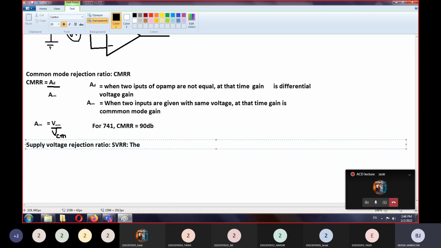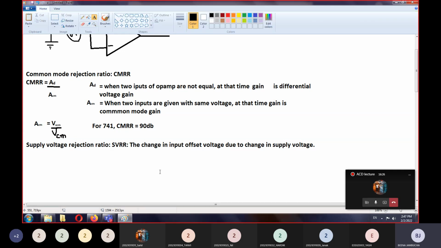It is the change in input offset voltage due to the change in supply voltage.